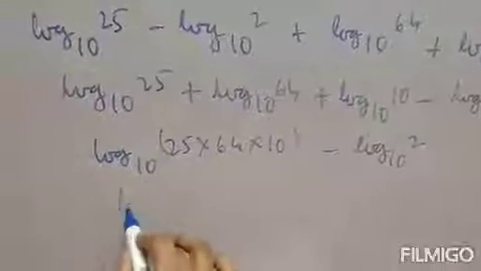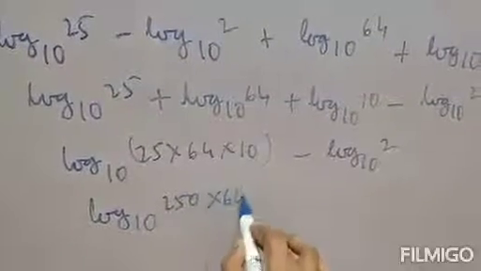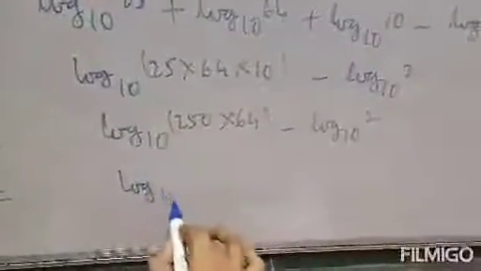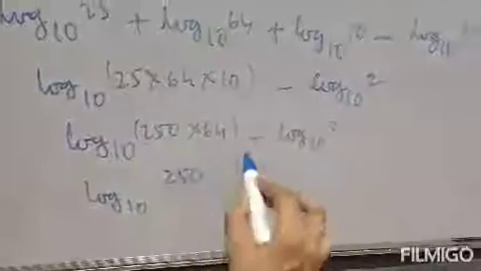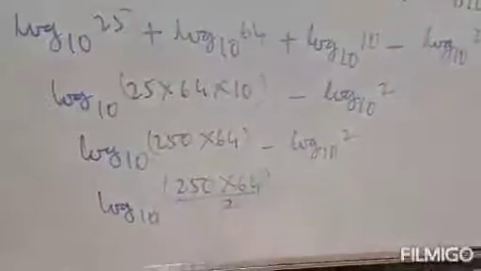So 25 into 10 is 250, into 64. Now apply the quotient law. The quotient law says that minus means divide. This is the quotient law. Clear?